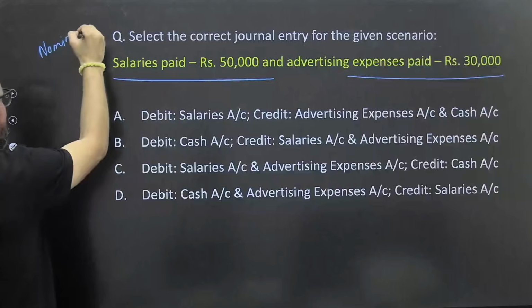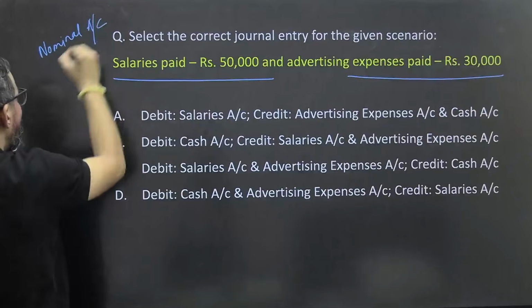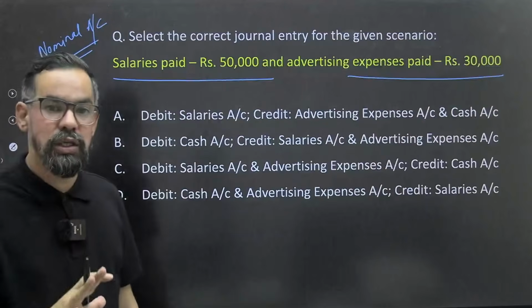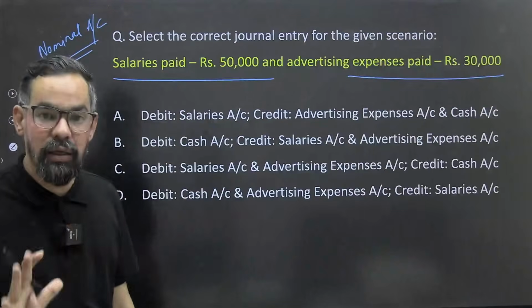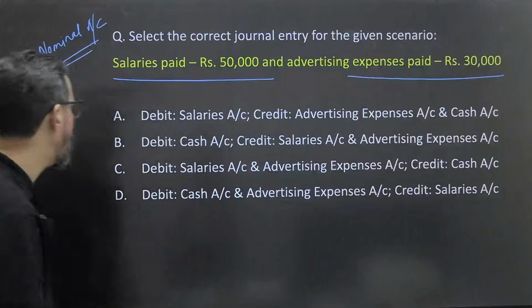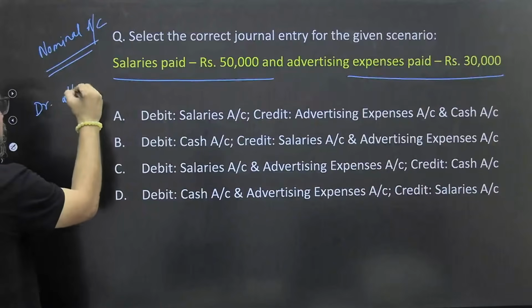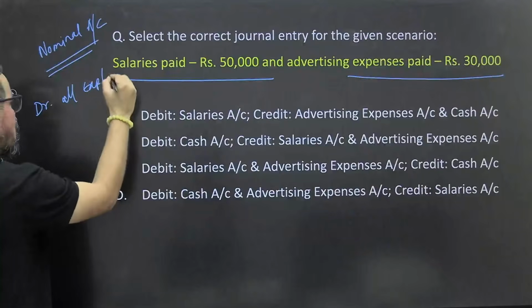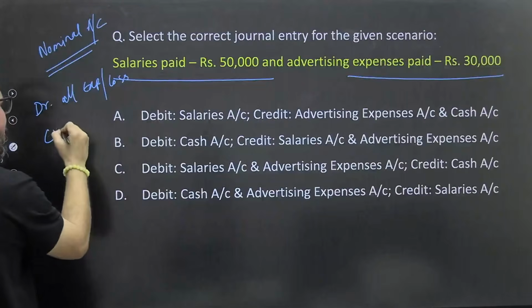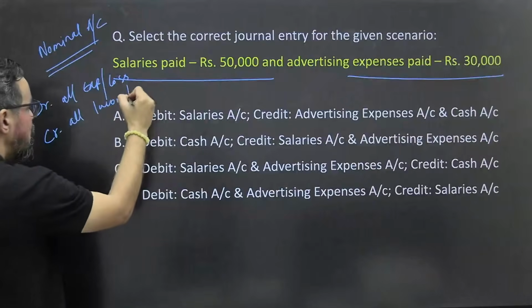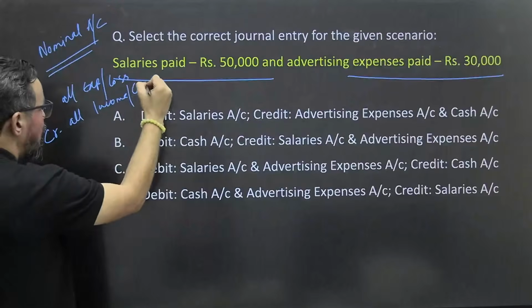So this is the case of nominal account. Nominal account generally deals with all expenses or losses and income and gain for the firm. Okay? So debit all expenses, all losses, and credit all income or gain, right? So this is the golden rule, right?